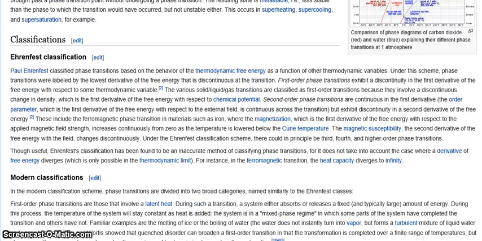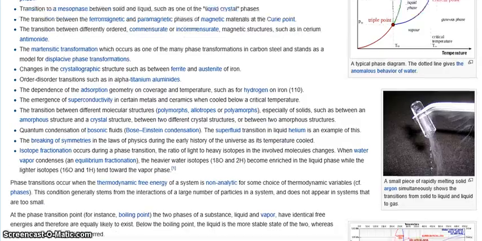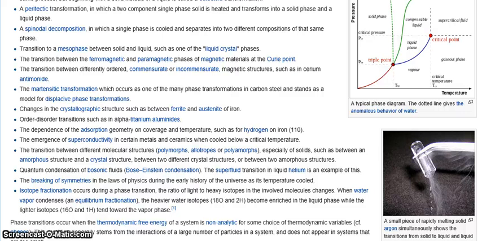The real science actually has to do with real phases of matter, like ferromagnetism, paramagnetism, absorption, crystals, transformations.